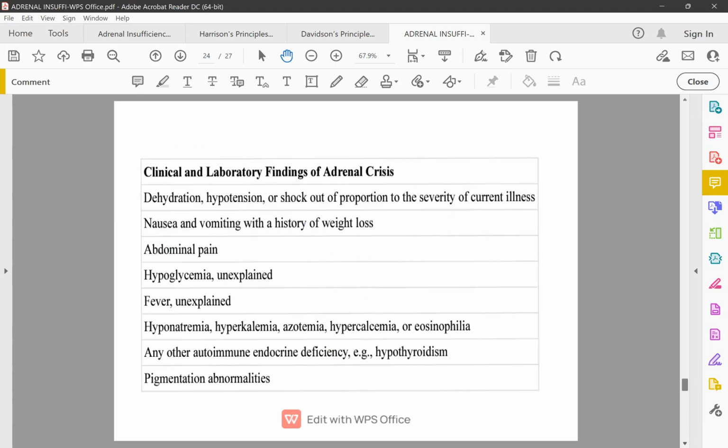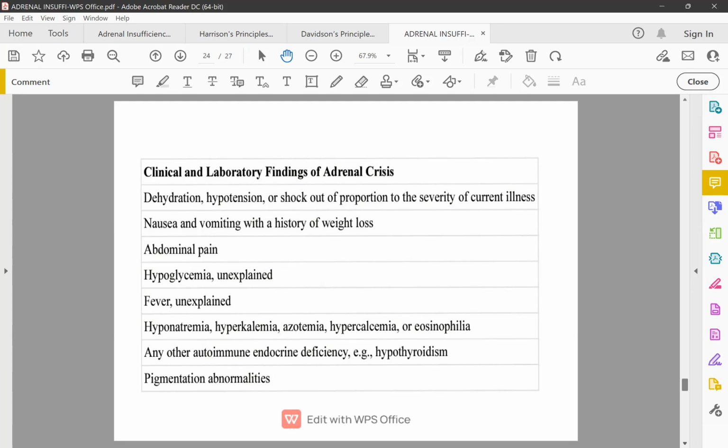And these are the clinical and laboratory findings of adrenal crisis. The most common, the patient may present with recurrent abdominal pain, nausea, and vomiting, along with dehydration, hypotension, or shock out of proportion to the severity of the current illness. The patient has hypoglycemia and fever, which is unexplained. Other features include hyponatremia, hyperkalemia, azotemia, hypercalcemia, eosinophilia, and pigmentation abnormalities.